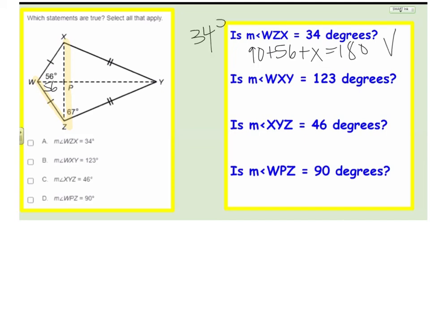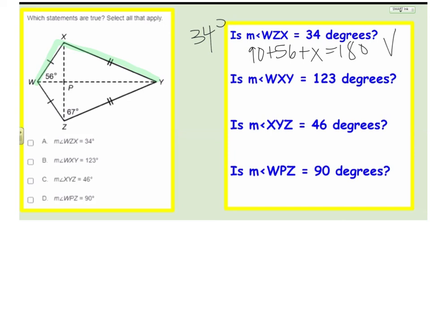Is WXY 123 degrees? So let's see what we got here. WXY. And guys, this PowerPoint is on that page where you all can access it and download it as well. So if you want to be doing some of these with me, you can. WXY is right here. Okay, so is that 123 degrees?